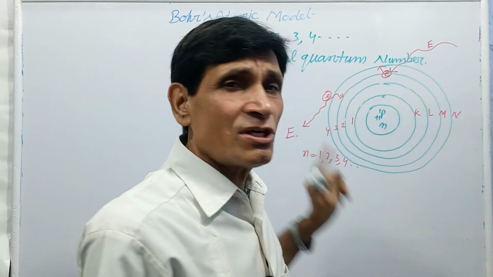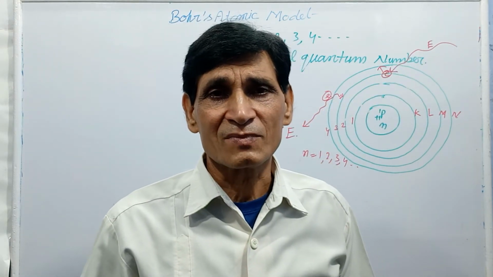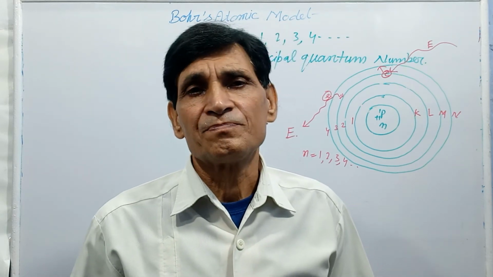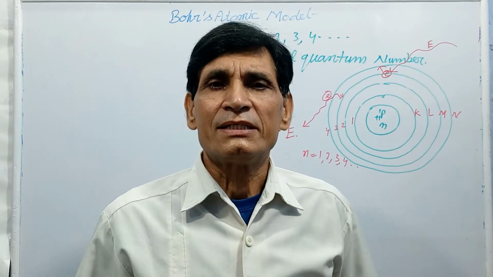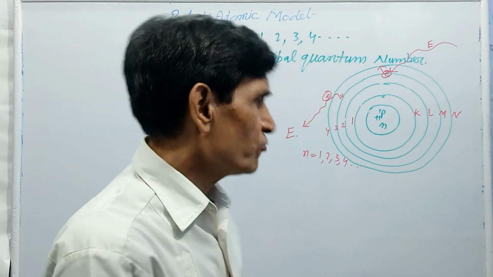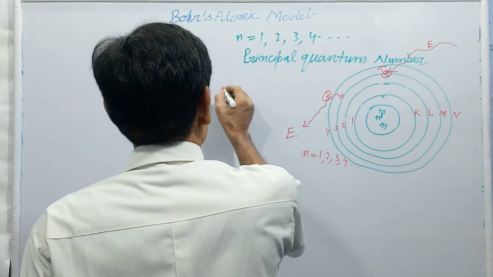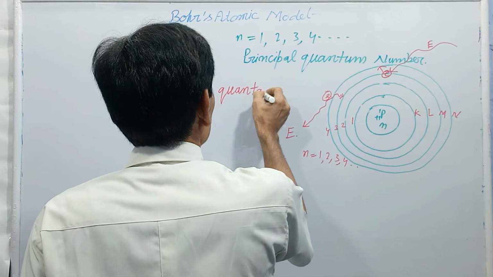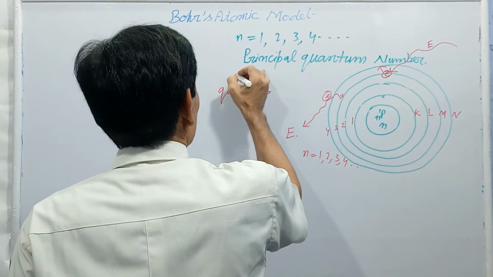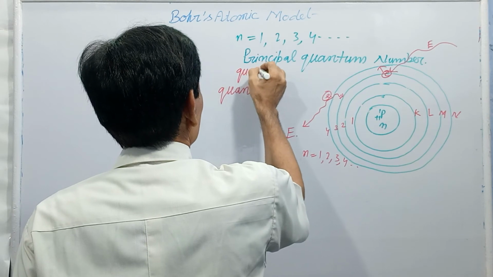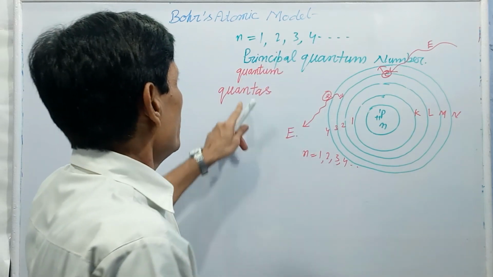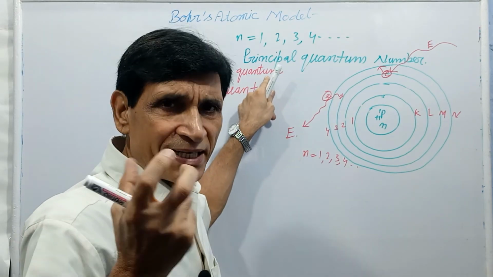Absorption or emission of energy during electron transition occurs discontinuously in the form of quantum. The plural form is quanta and the singular form is quantum. Quanta are packets of energy.